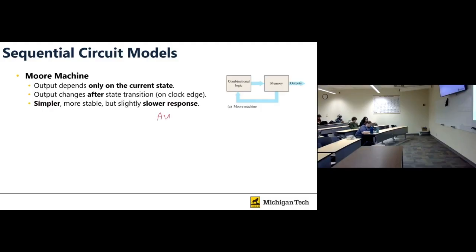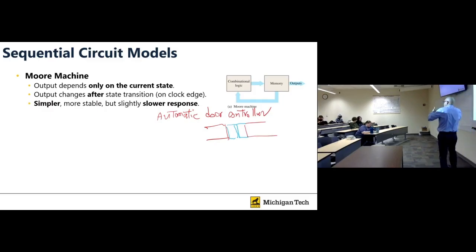In an automatic door controller, for example, you have a door here, and this door gets opened automatically when, for example, the user comes to pass, and then after passing it gets closed.